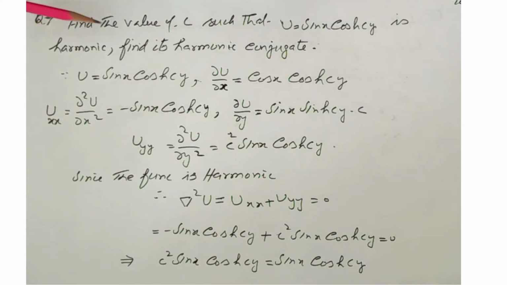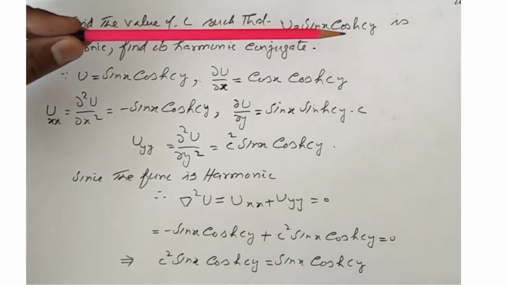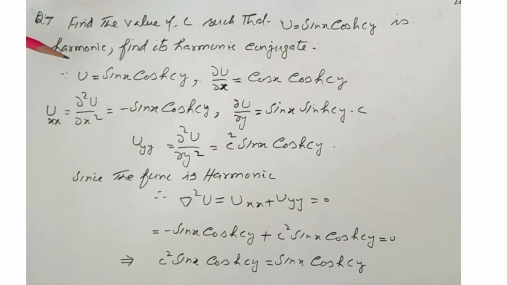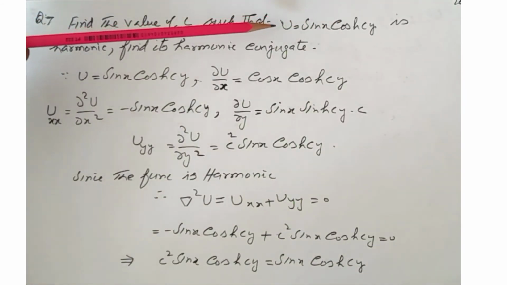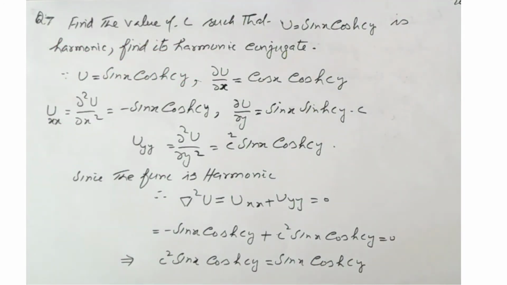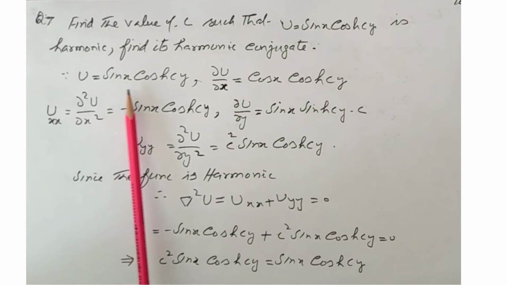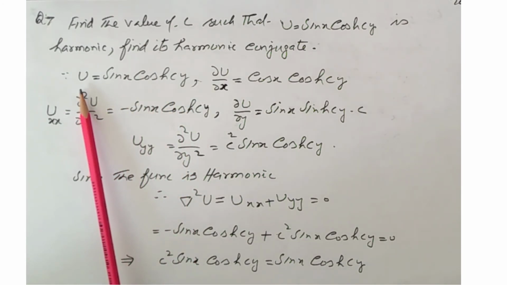Question number 7. Find the value of c such that u equal to sin x cos hyperbolic cy is harmonic. It is given that this function is a harmonic function, and find its harmonic conjugate. Since u is equal to sin x cos hyperbolic cy, we partially differentiate u with respect to x.